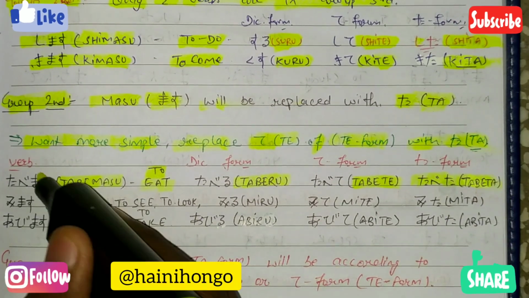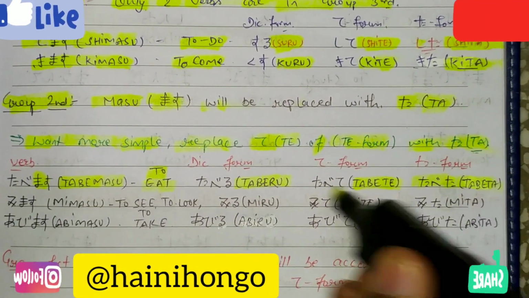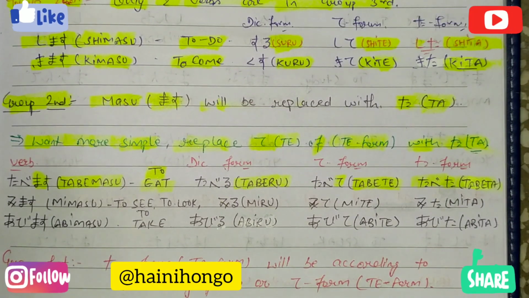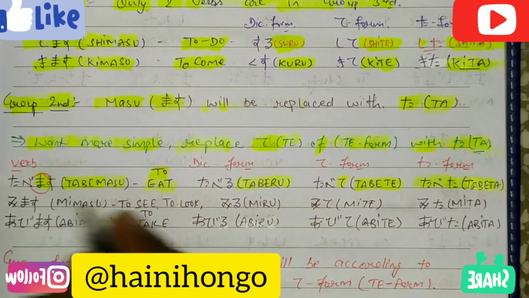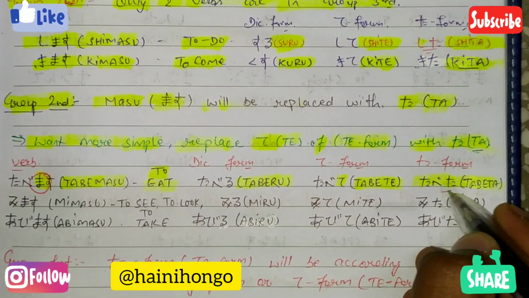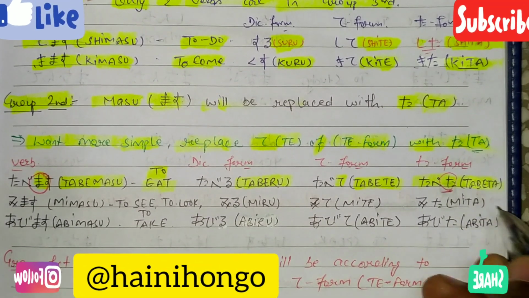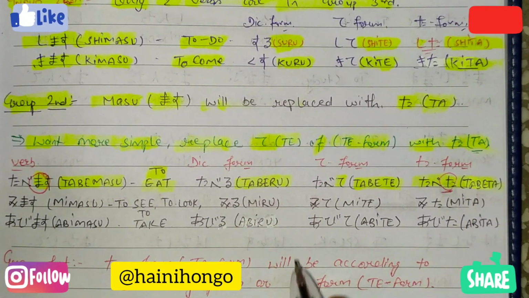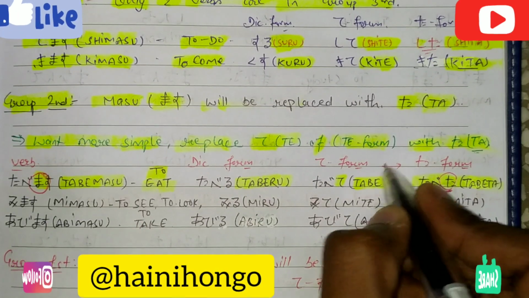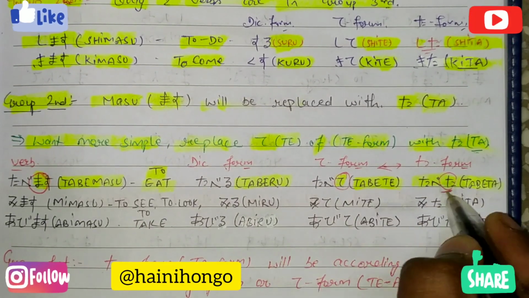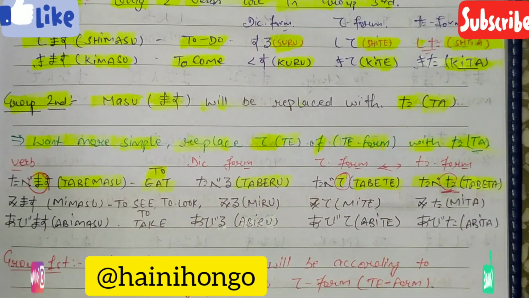Here we can say that we have replaced MASU with ta, or te with ta. This MASU is replaced with ta if we are making the ta form from the MASU form, and if we are making it from the te form, then we will replace this te with this ta.